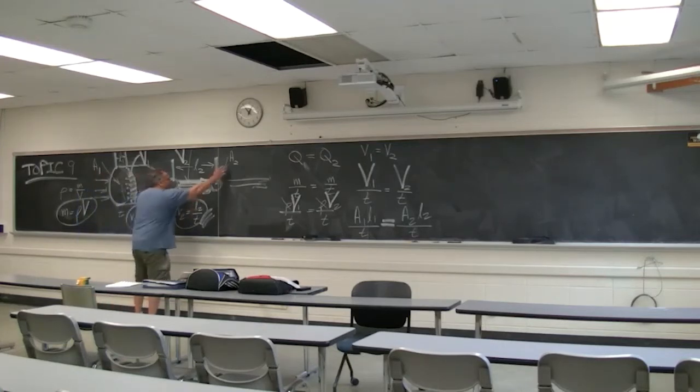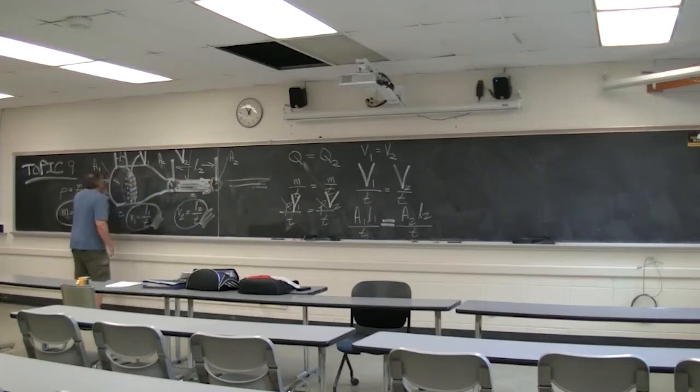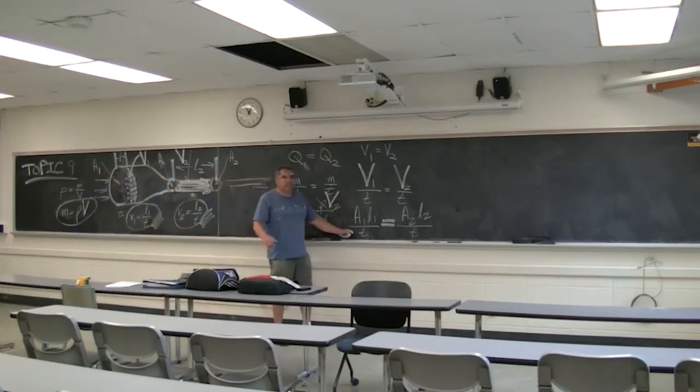If this is A2, and it's displaced by a length L2, A2 moving through a length L2 is volume 2, is A2 times L2. Volume 1 is area 1 being taken through a length L1. Volume 1 is A1 L1. Ladies and gentlemen, this is what I'm saying right here.